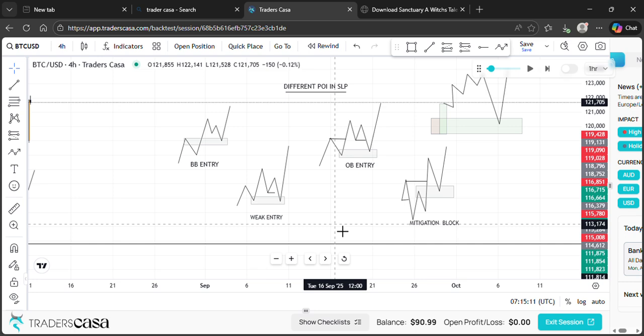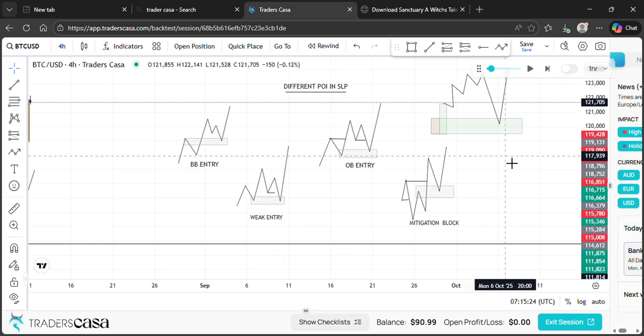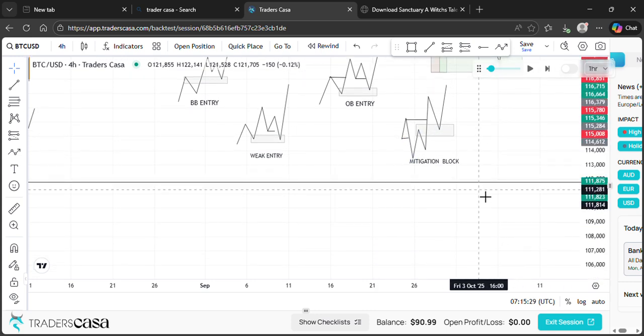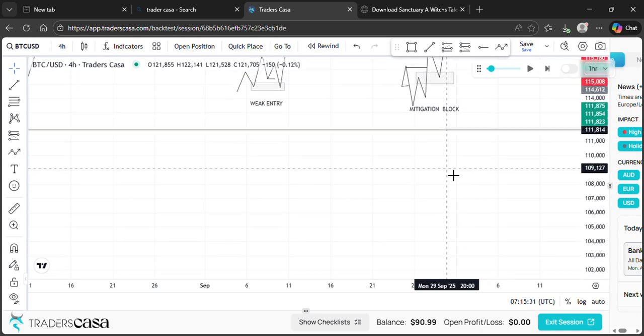Then we have what they call the mitigation entry or the mitigation block. Most of the time people confuse the mitigation block with the breaker block, and I'll explain that for you. If you don't know the difference between the mitigation and the breaker, I'll explain it. A breaker block, as we said, is a failed order block.